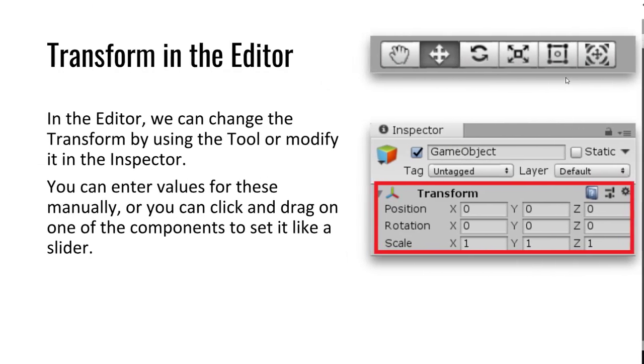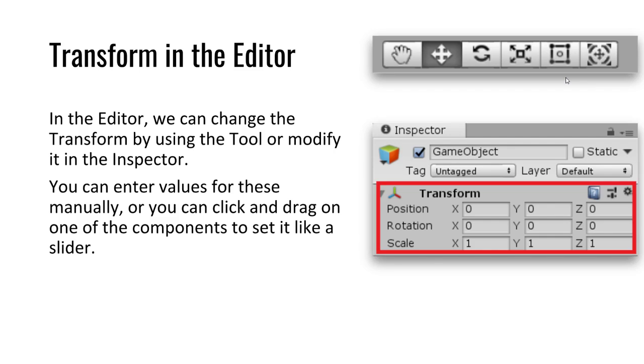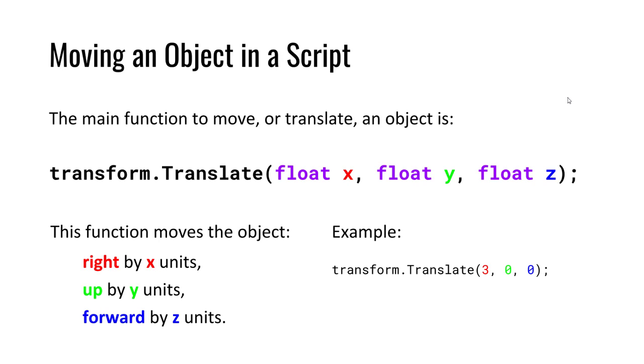Yeah. So our first function for manipulating our transform is transform.Translate. And this is our function for moving any object. It takes 3 arguments, an x, a y, and a z. All of them are floats. You don't have to give it a float, you can give it an integer, but it's going to be taken as a float.